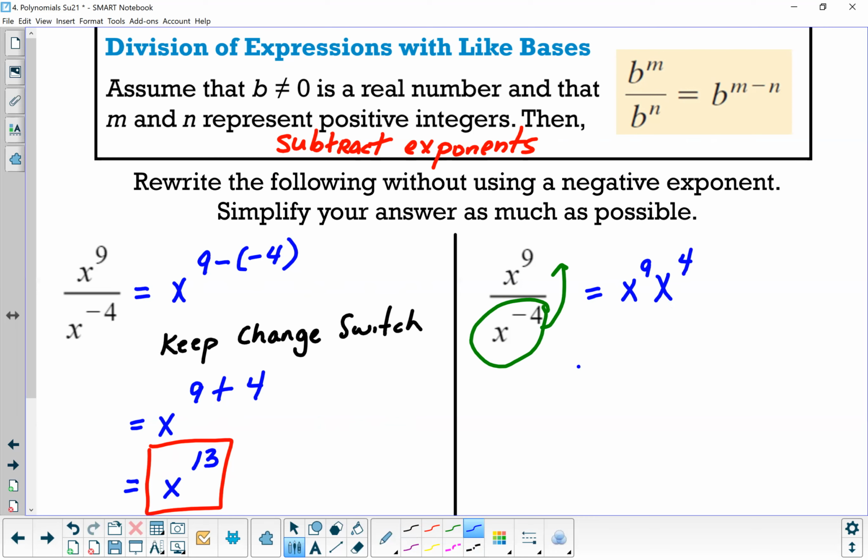I like that. And since I have a product, I'm going to add my exponents. x to the 9 plus 4. And that gives me x to the 13th power. And there you go. So you can do it both ways, whatever you're comfortable with, using the quotient rule or changing your quotient to a product and using the product rule.